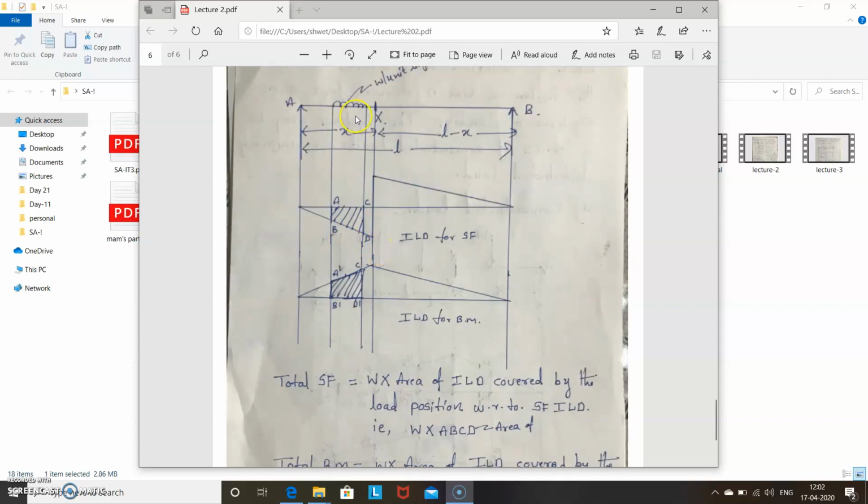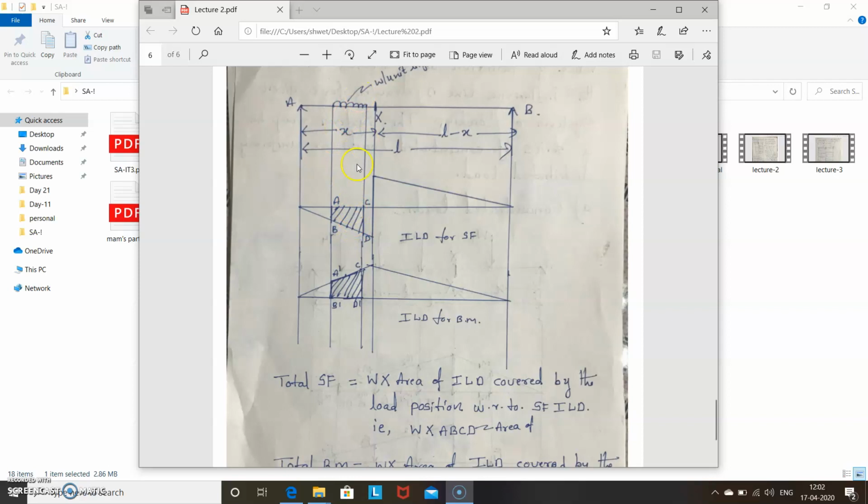Now, how to find total shear force in this case? Again the same thing: multiply W into this ordinate. What is this ordinate? This is nothing but area, the area of the ILD covered by the load position with respect to the ILD for shear force. So total shear force is equal to this intensity W into the area of ILD covered by the load position with respect to the ILD for shear force.